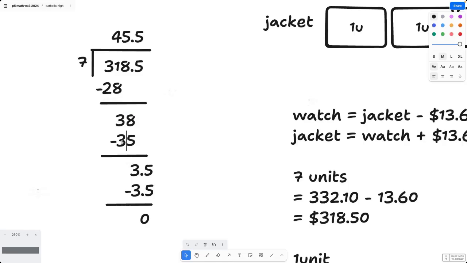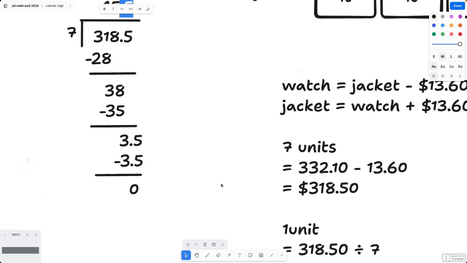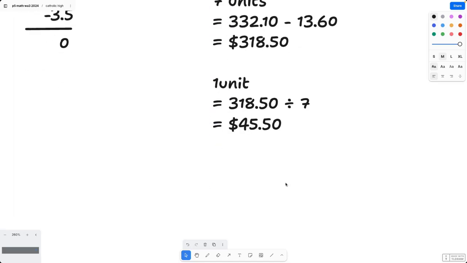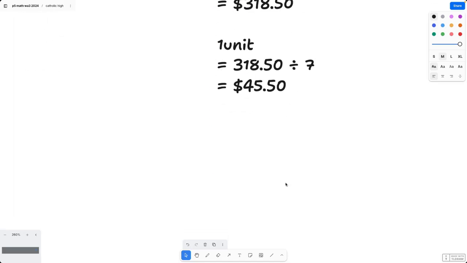So 38 minus 35, which is 7 times 5, is 3. We cannot have 3 minus 7 again, so we bring down the 5. So 35 minus 35 is 0, and then the decimal 5. Okay, so the answer is $45.50.